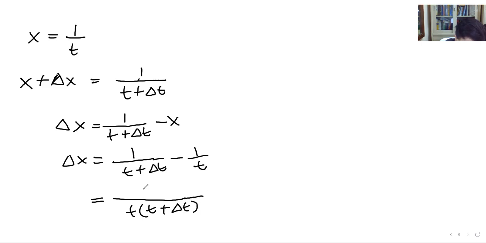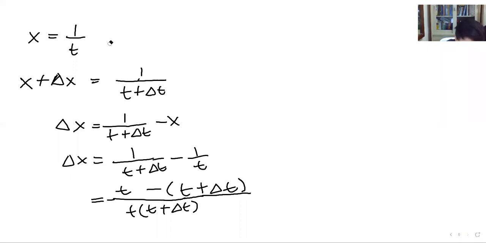Make the fraction line longer. Now we cross multiply: 1 over t times delta t will become t, minus the quantity t plus delta t.